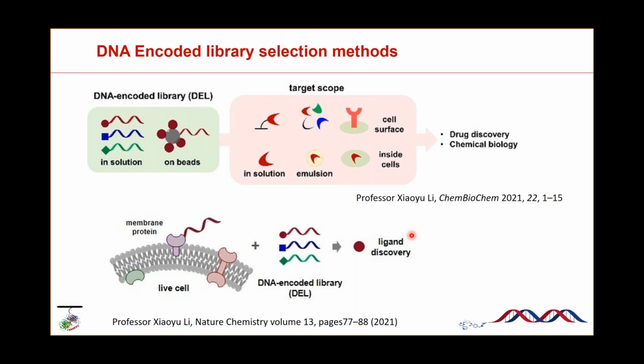I collaborated with one of my colleagues, and we made a 4-cycle library. The space size was 2,000, 1,000, 1,000, and another 1,000. We made a 2 trillion library, and we used it in screening.